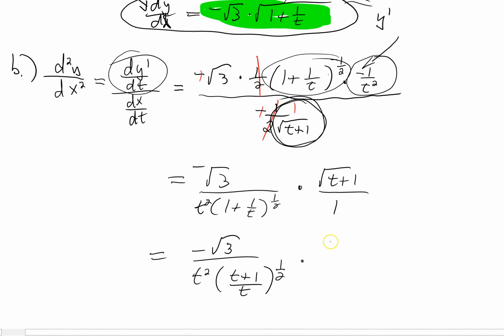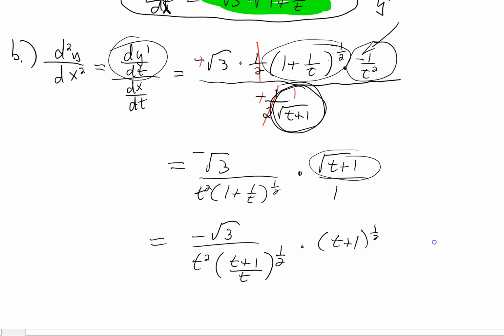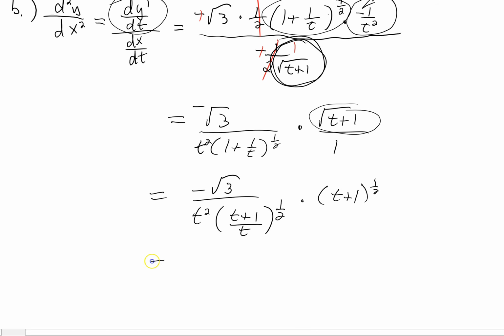And from here, oh my goodness, you can pretty much see where we're going. By the way, if you want to, you could even look at this thing as a t plus 1 to the 1/2 right now. Maybe you can see why I did that. You can see that some canceling is going to take place, thankfully.